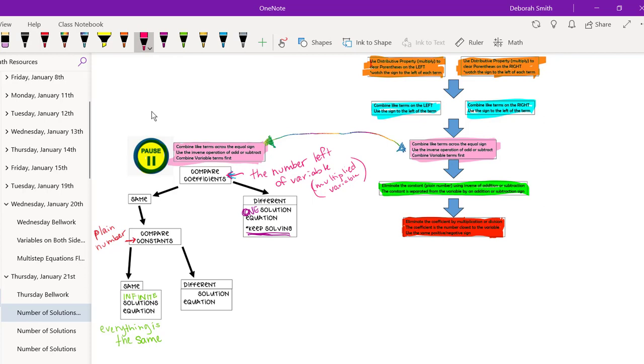What if you've compared your coefficients, you found that the coefficients are the same, but then when you compare your constants, the plain old numbers, are different? Well, that, my friends, means we have a no solution equation here. That means your coefficients are the same, but your constants are different.